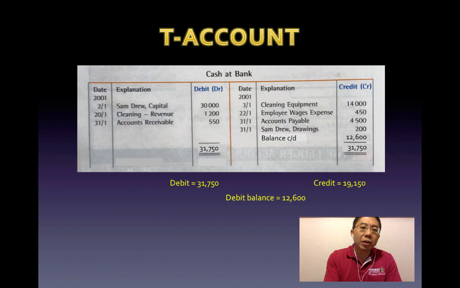So that is the balance of debit entries more than the credit entries, which we now carry forward or carry down to the next accounting period. So in the next accounting period, we will have therefore a debit balance of 12,600, which we will describe as balance brought down.